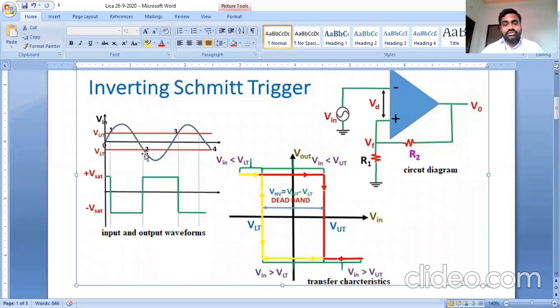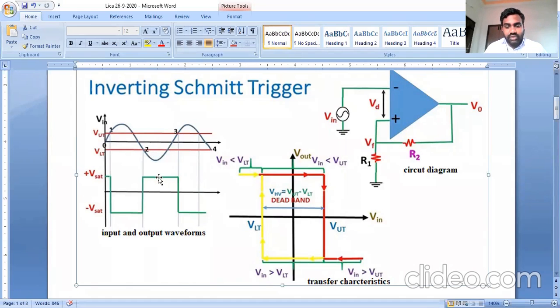After the input voltage interacts with the lower threshold value, there starts a building up of a voltage pulse. Later the input voltage builds a negative peak. At this condition, the input voltage is greater than the lower threshold value.